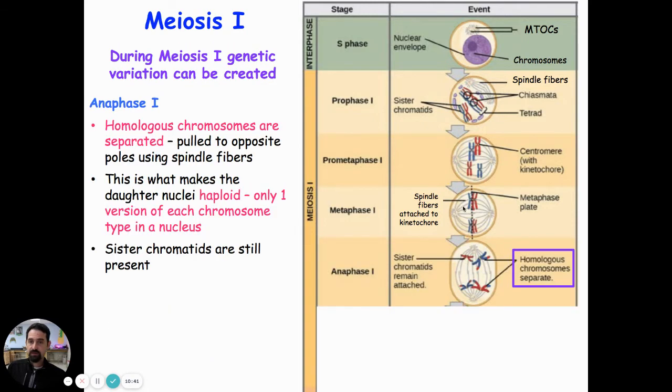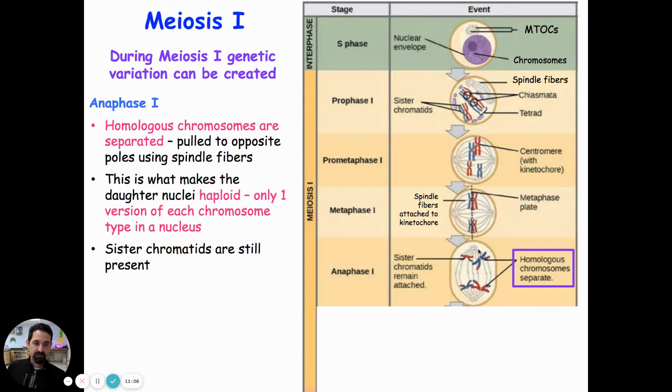Okay, anaphase 1, those homologous chromosomes are separated. Now look, we're pulling apart these homologous pairs, but there's this blending, these different colors that are occurring. That was because of crossing over. This is what makes the first daughter nuclei haploid, because they only have one version of each chromosome type.